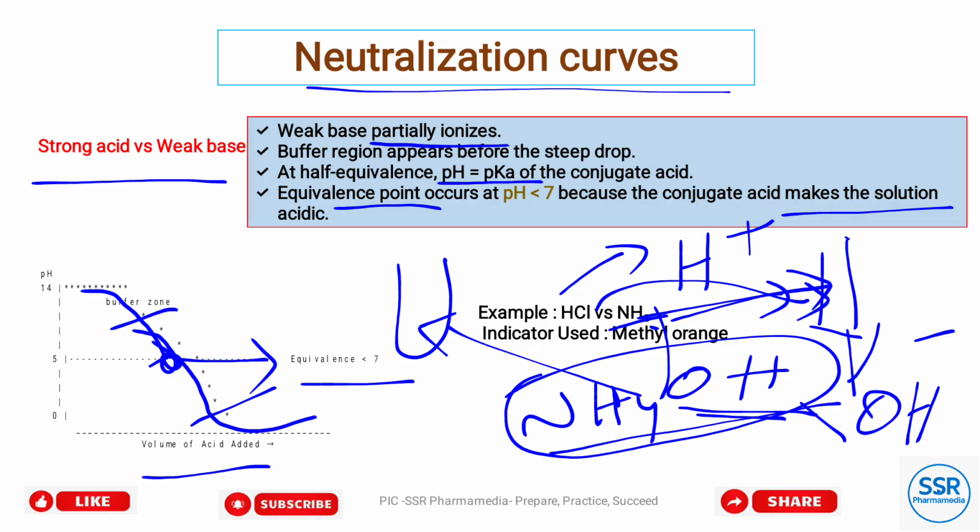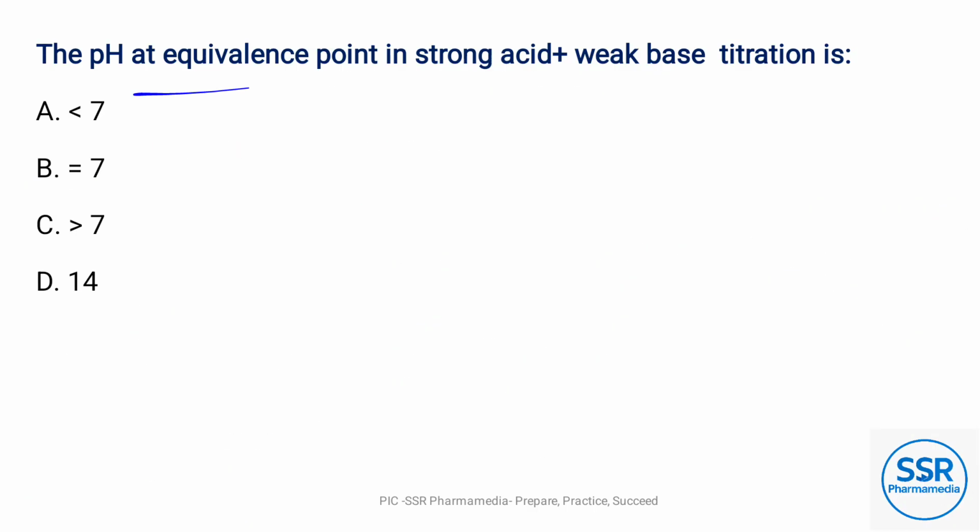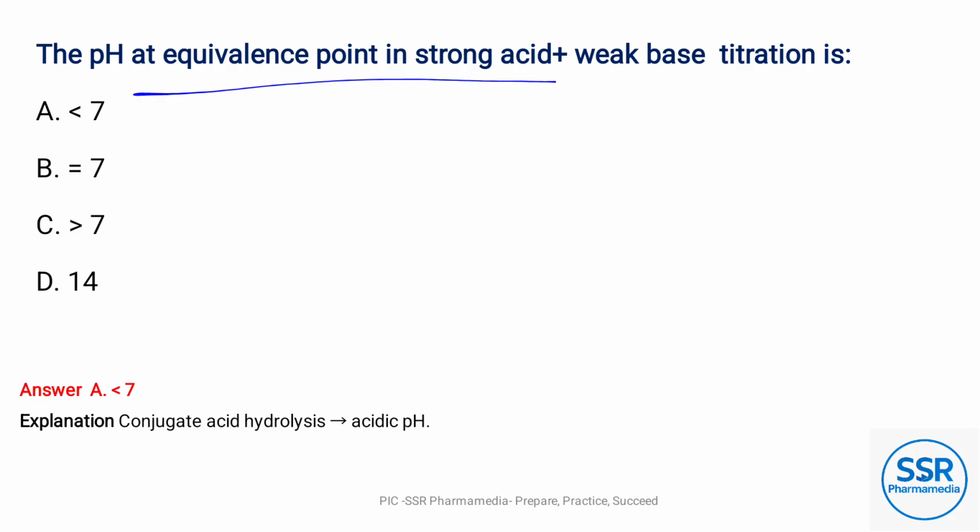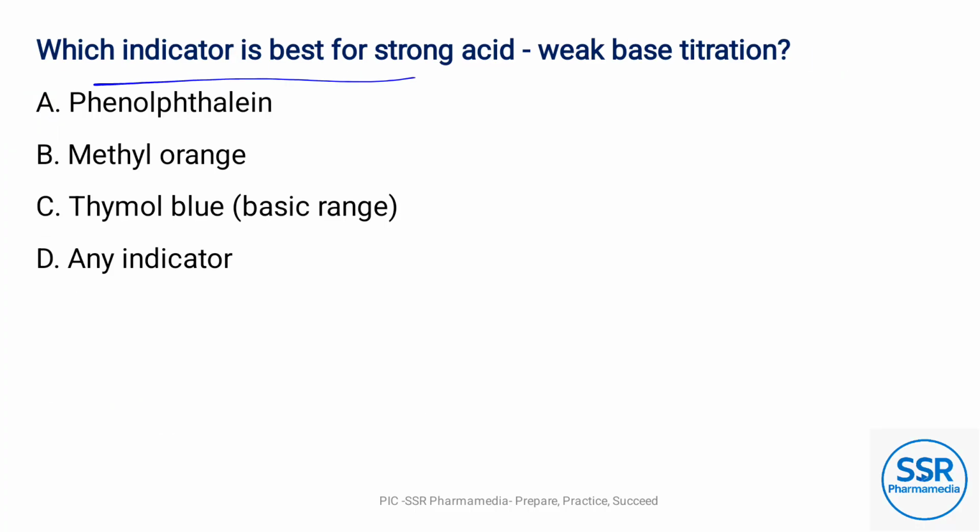Because it is a weak base, the pH will not decrease suddenly. At the equivalence point in a strong acid plus weak base titration, the pH is below 7. Which indicator is best for a strong acid and weak base titration?